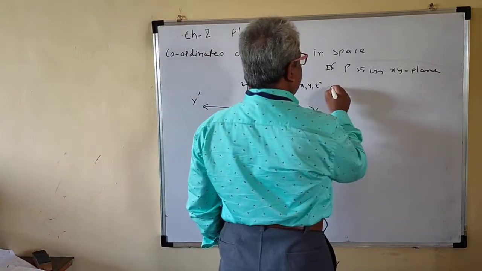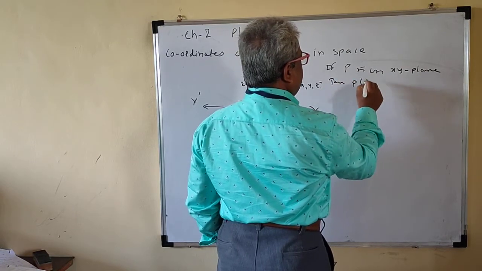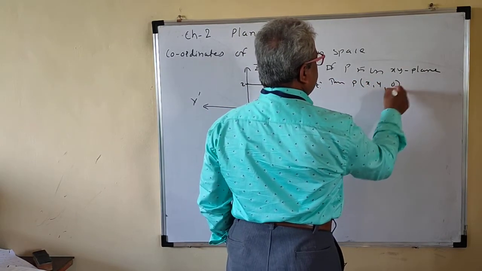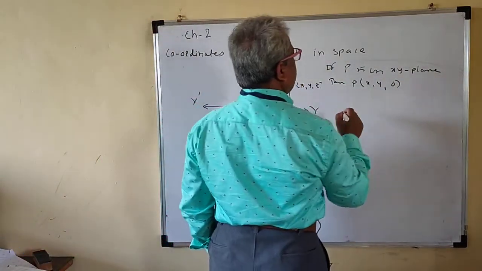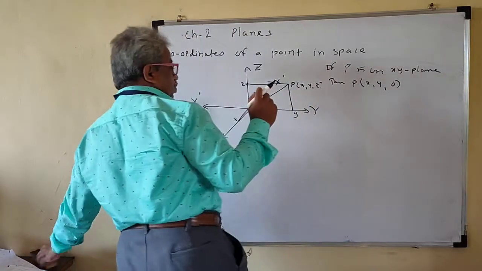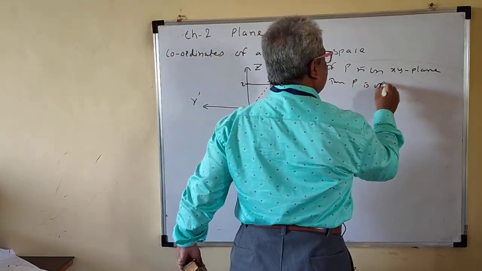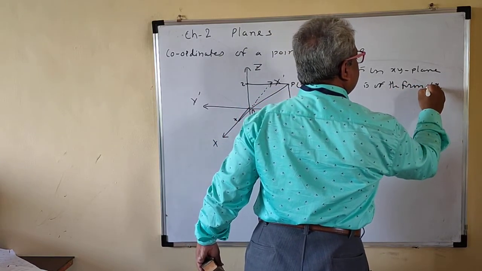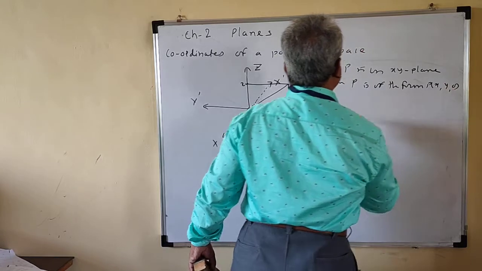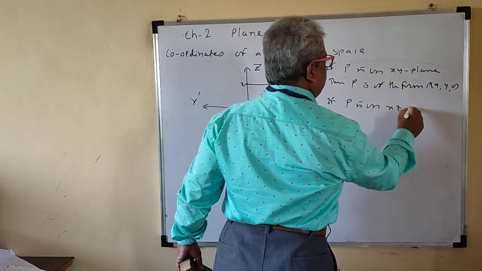So if p is on the xy plane, then p is of the form (x, y, 0).